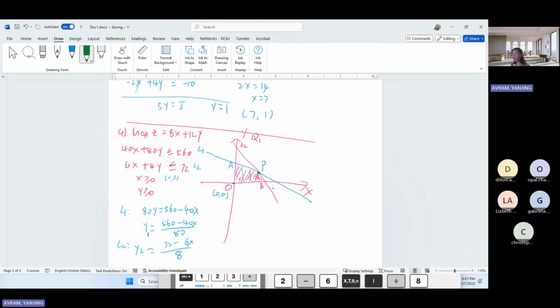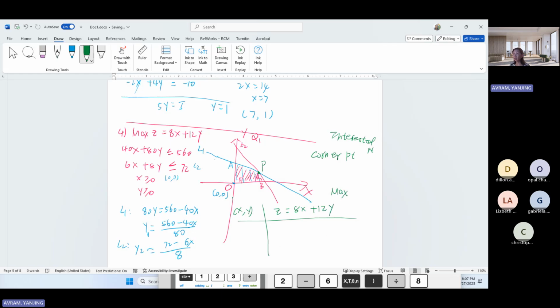All right, so now we need to find our corner points. These are the interesting points we need, okay? So we will set up the x and y here and then find our z equal to 8x plus 12y. We want to find a maximum.